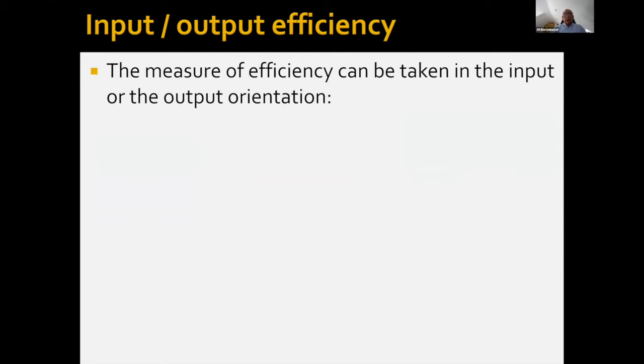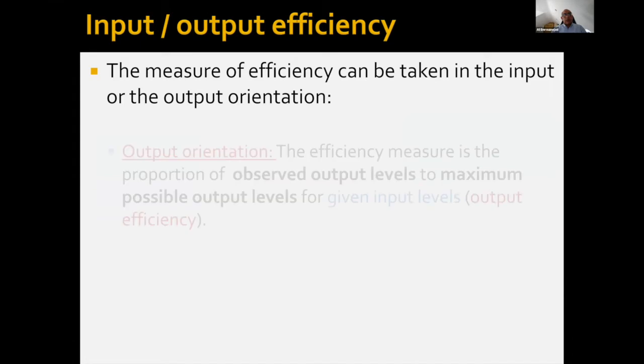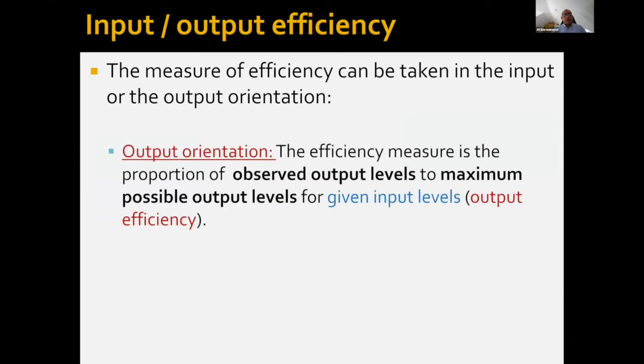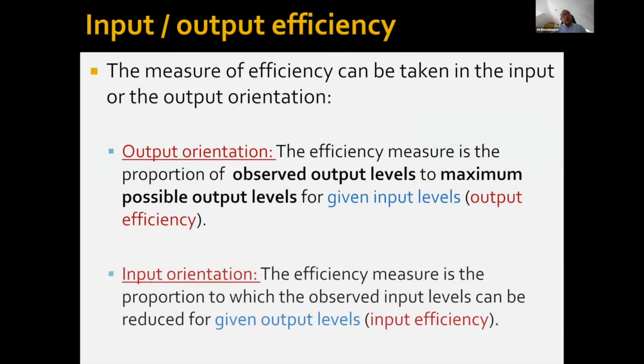In the initial development of DEA, we had two main models called input-oriented and output-oriented efficiency. These two models are the way that we can focus on the maximization of the possible output levels or minimization of input levels. In the output-oriented model, we maximize the output while we keep the level of the input constant.